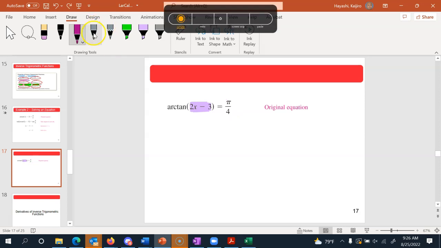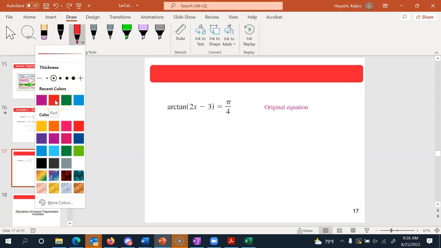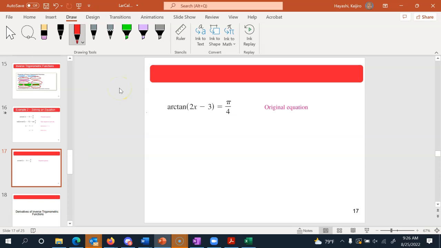So what you can do, as long as you're careful to check that the angle you're working with is in the range of the inverse trigonometric function, one thing you can do is behave like this. You can just say, okay, well, I'm going to take the tangent of both sides to cancel it out.